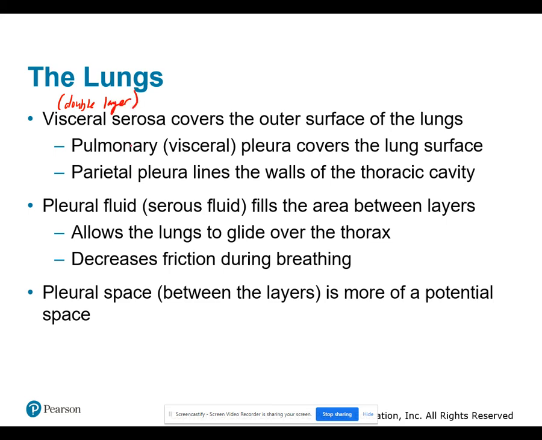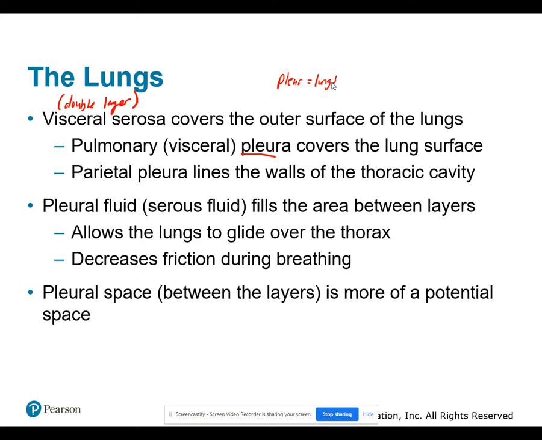Your pulmonary or visceral pleura covers your lung surface. So pleur is usually associated with lungs as well. So pulmonary or pleur. Parietal pleura lines the walls of your thoracic cavity.